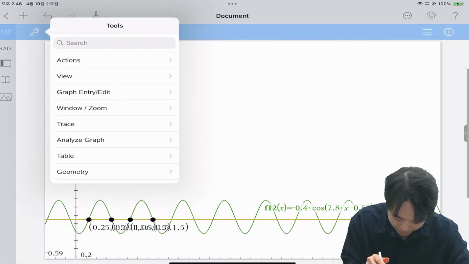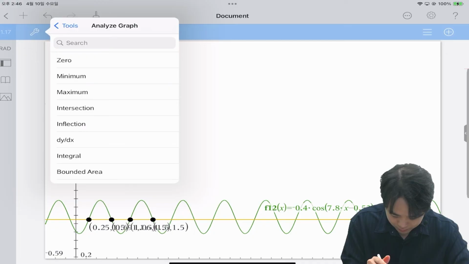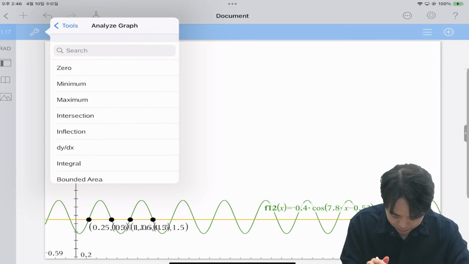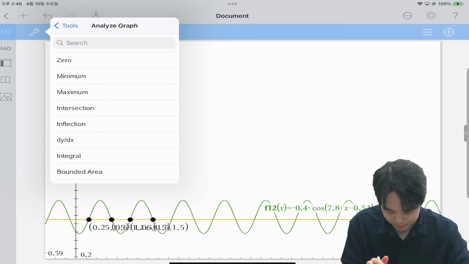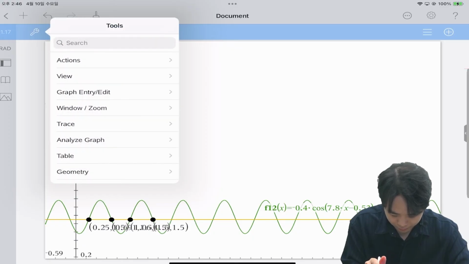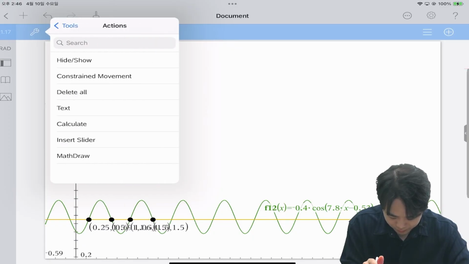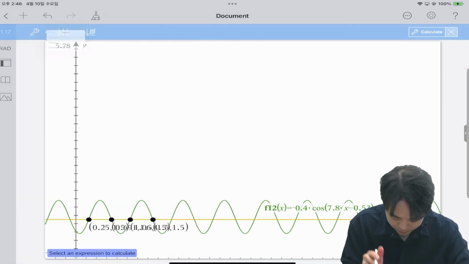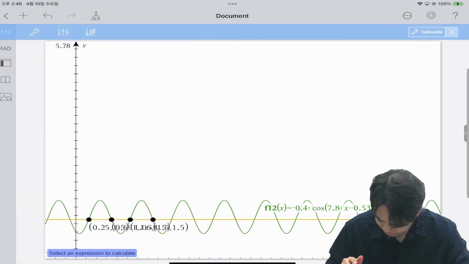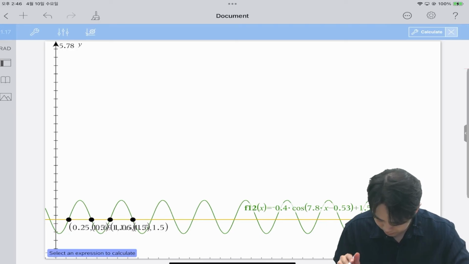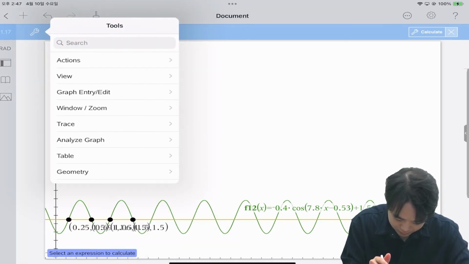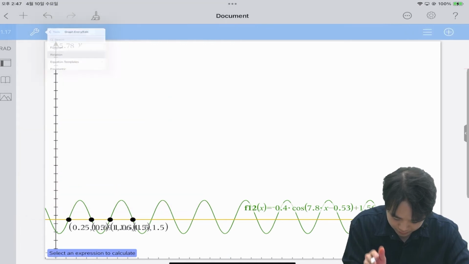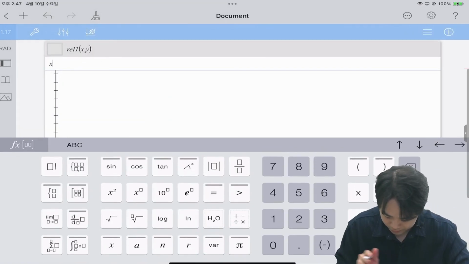If you were to add a cutoff point, let's add a relation where x is going to equal 5.